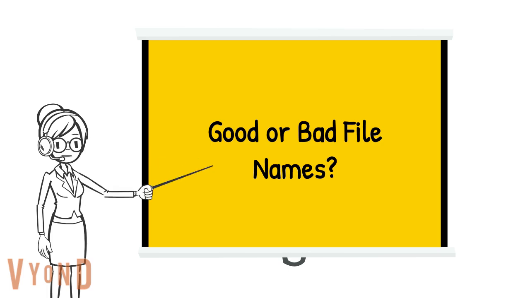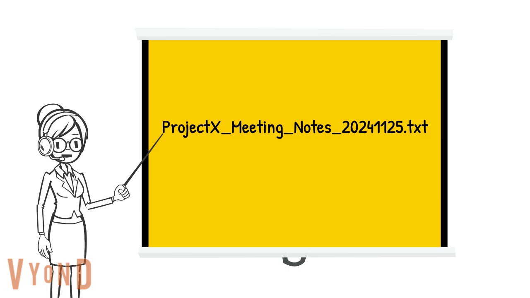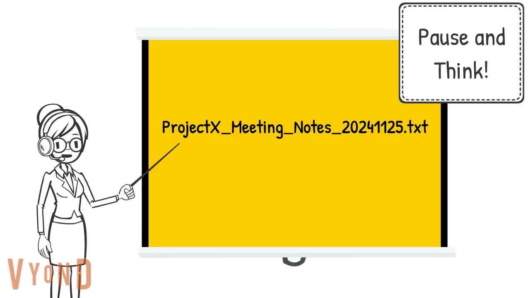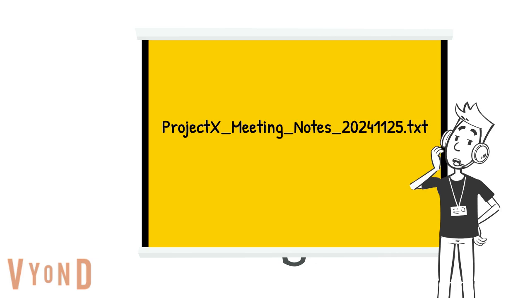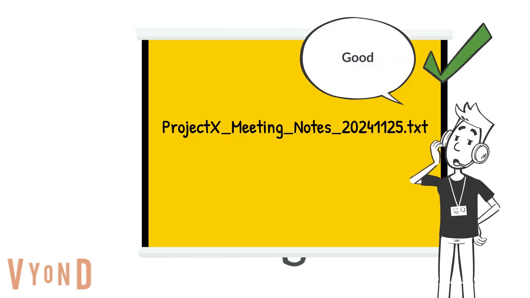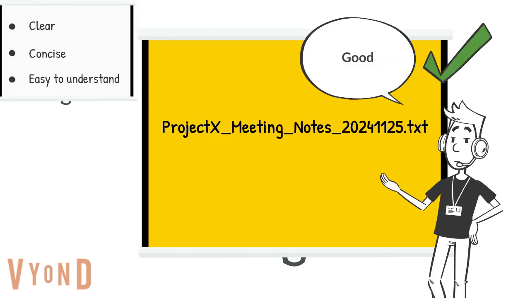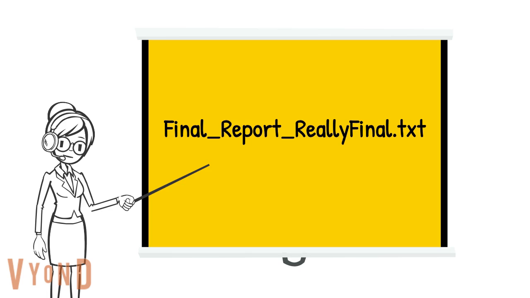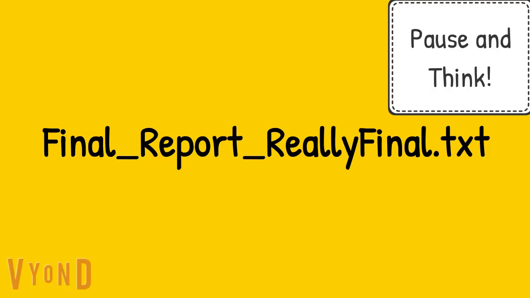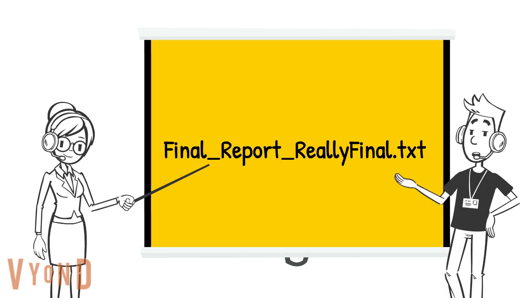All right, let's test our newfound file naming best practices with some examples of good and bad file names. What do you think, good or bad? That one is good. It follows the structure. It is clear, concise, and easy to understand. Good job. Okay, next up, what are your thoughts? Oh no, that's a recipe for disaster.